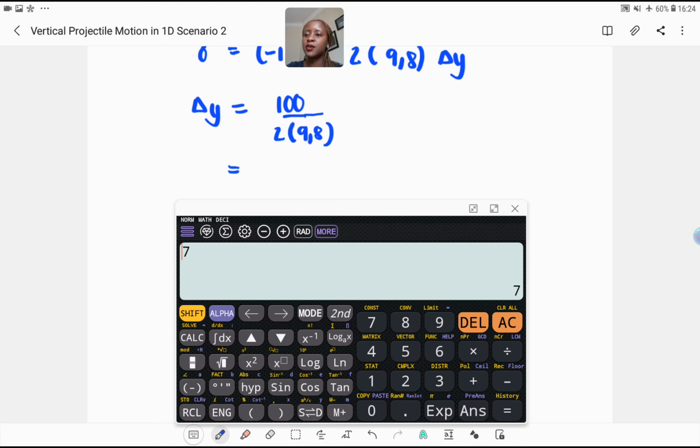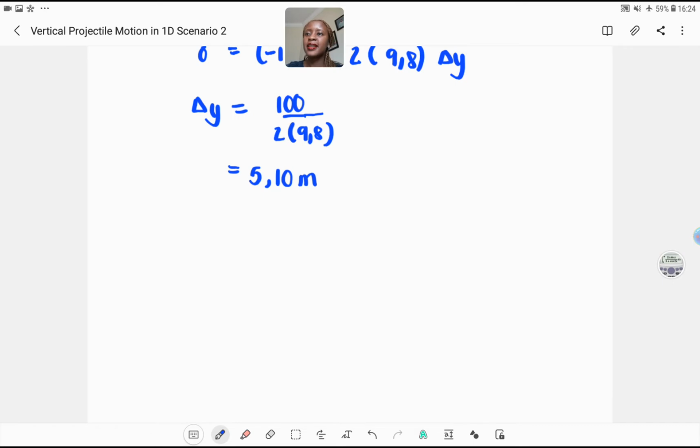So 100 divided by 2 times 9,8. So that is 5,10. I'm just going to round it off to 2 decimal places. That is the height.